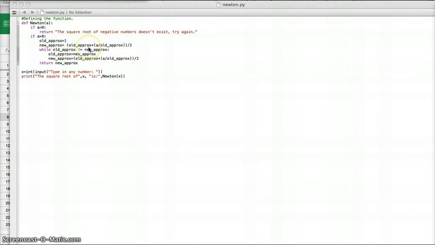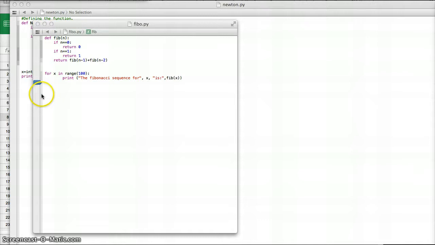This process has to be repeated until the old approximation equals the new approximation. So we use while because this has to be repeated until these two values are the same.